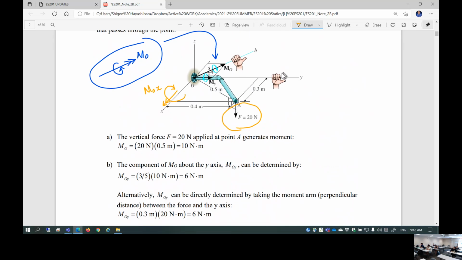If the perpendicular distance is measured from y, you can develop this MOY. If it's the perpendicular distance from z, what's the perpendicular distance for z for this moment?